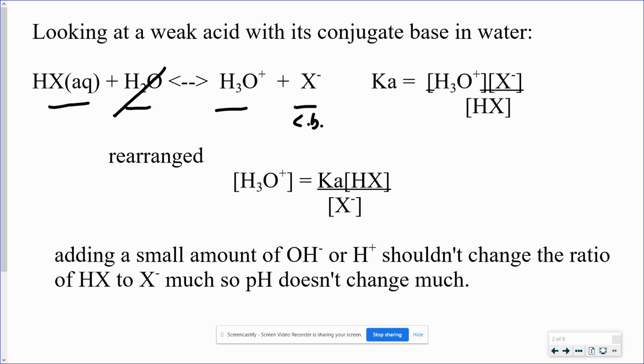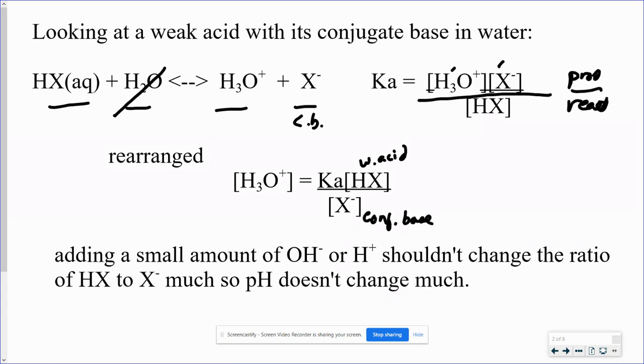The Ka expression being products over reactants, we would get H3O plus times X minus over HX equaling the Ka. Just rearranging that to put the H3O plus by itself, we get H3O plus equals Ka times HX, the weak acid, over its conjugate base. So this is the weak acid, this is its conjugate base.